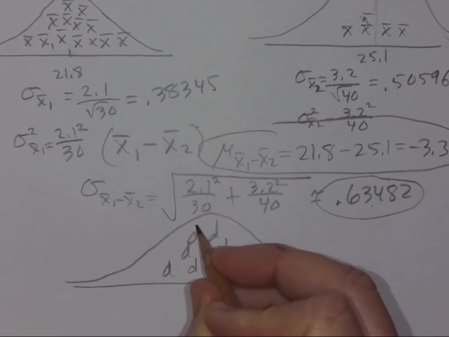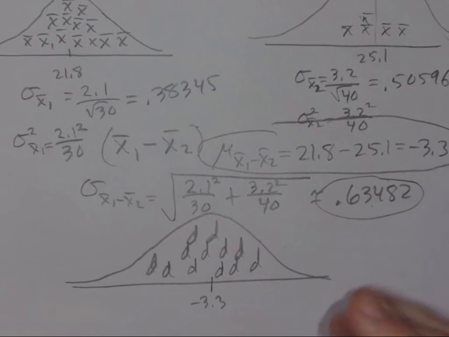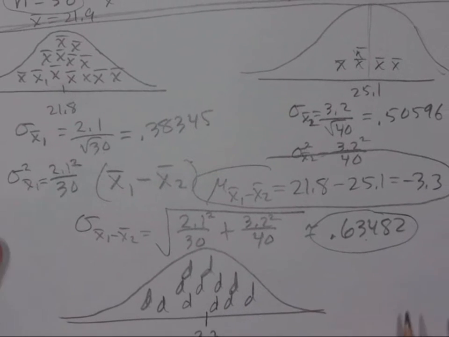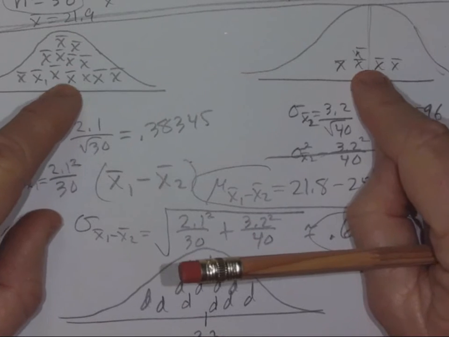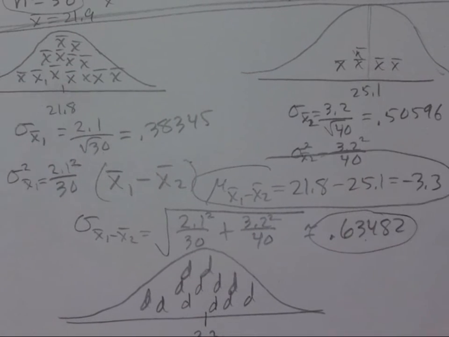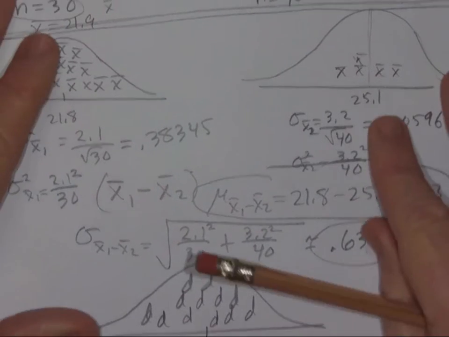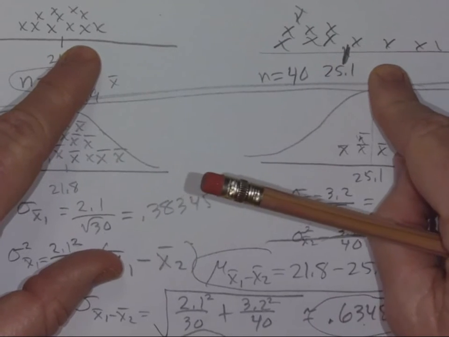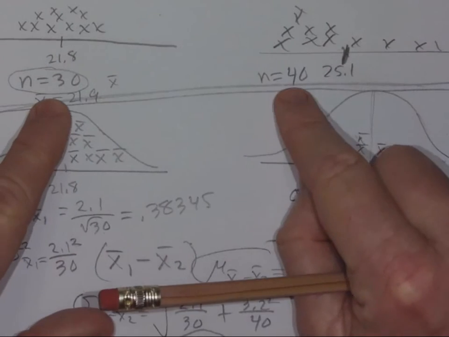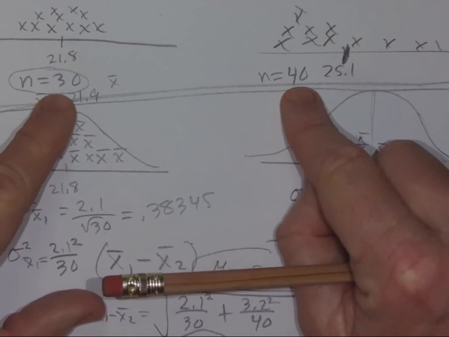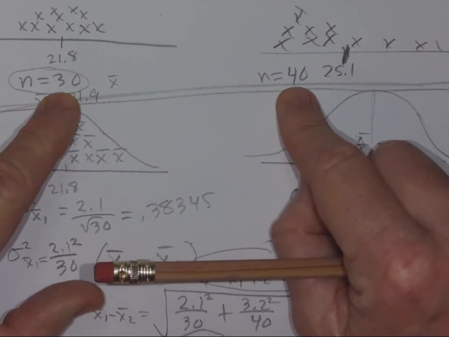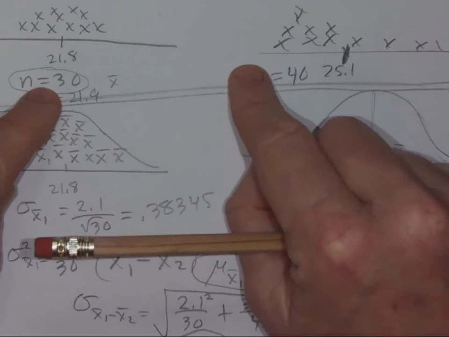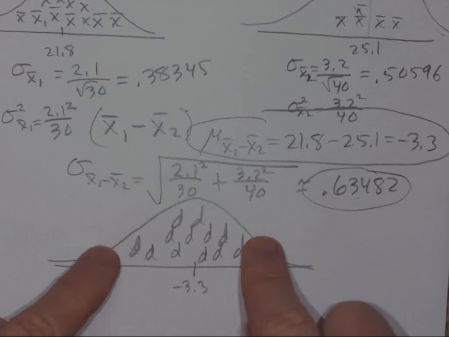All these differences will be approximately normal if one of two things is true. Either the populations vary approximately normally, so that would have to say that in the problem, which is not the case here, or both your sample sizes are at least 30.